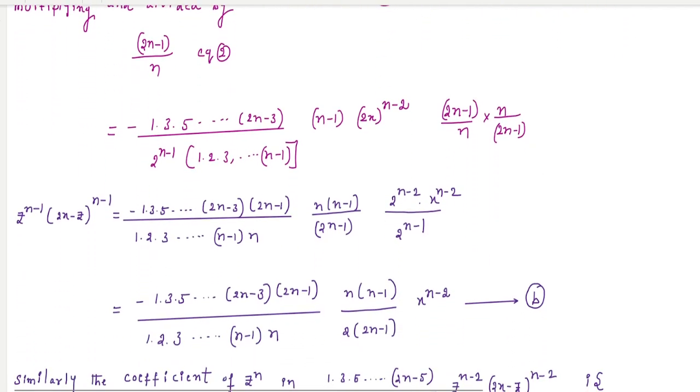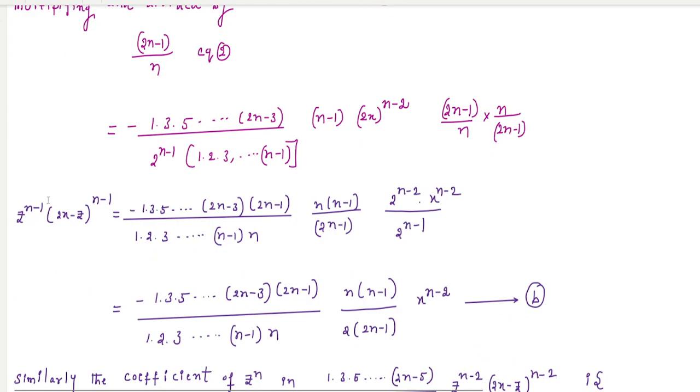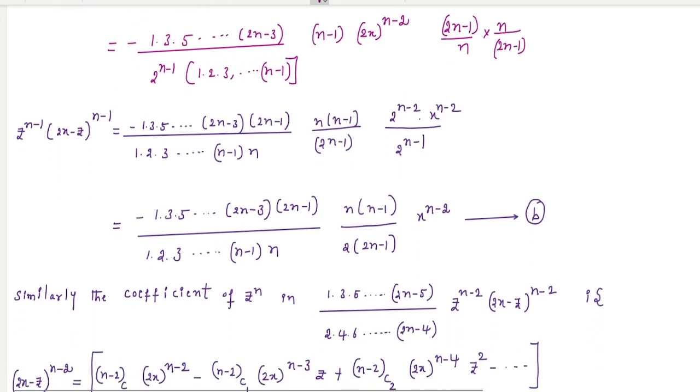So we'll get this equation. What I'm going to say here is you need to compare the z power n coefficient in each and every term. So I got equation number B here.